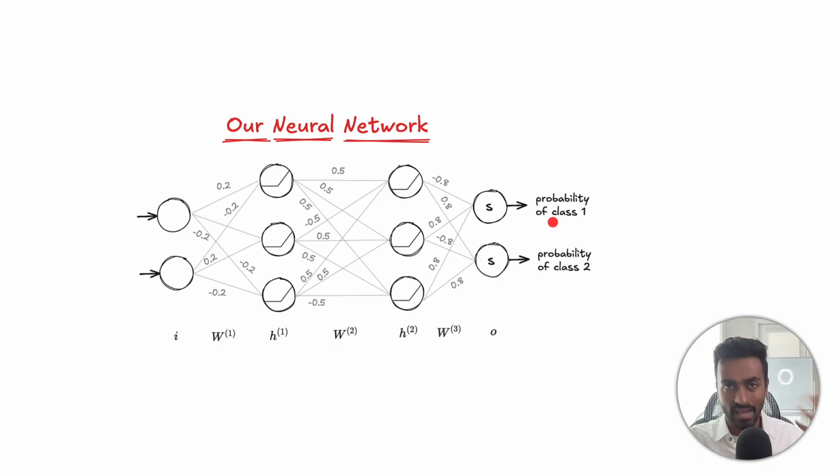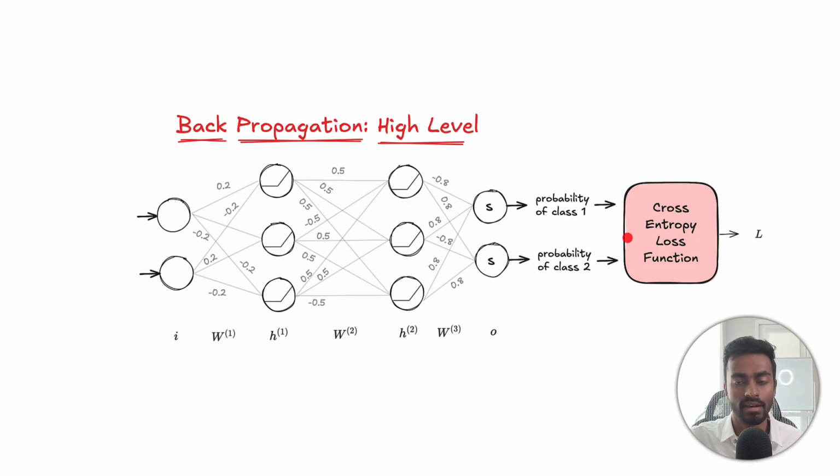So assuming a calibrated neural network, this would represent something like the probability of getting a specific class. Now these are then going to be used in a cross-entropy loss function, since this is a classification problem, in order to generate a loss.